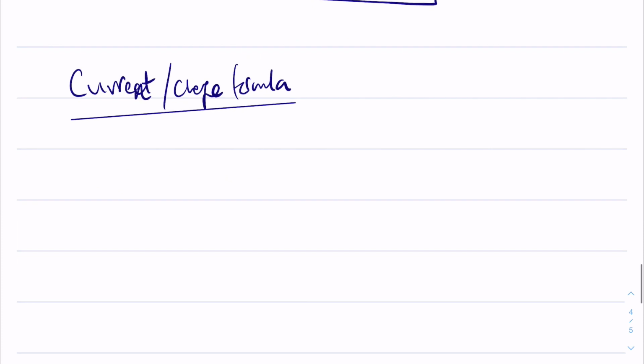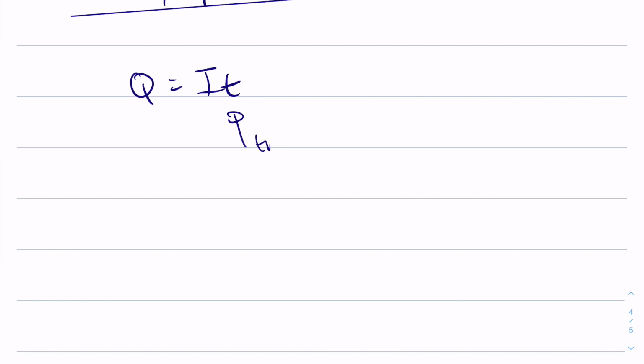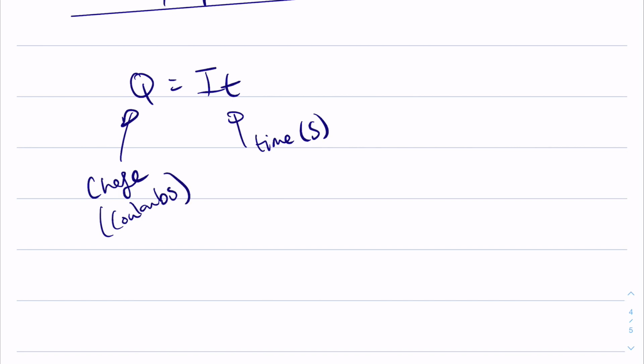It's the flow of electrical charge. And so that gives us Q equals IT. We've seen I before. I is current, T is time in seconds, and Q is charge in coulombs. Okay, so that basically sums up all the equations that we need for now.